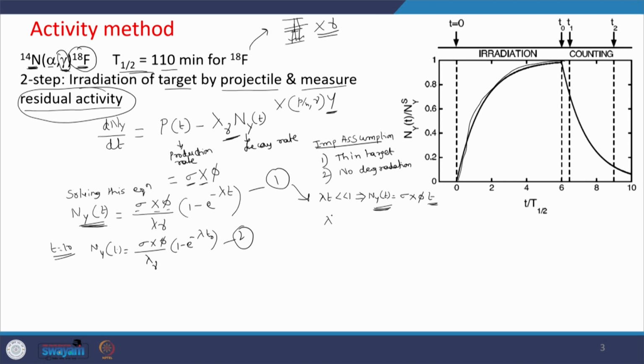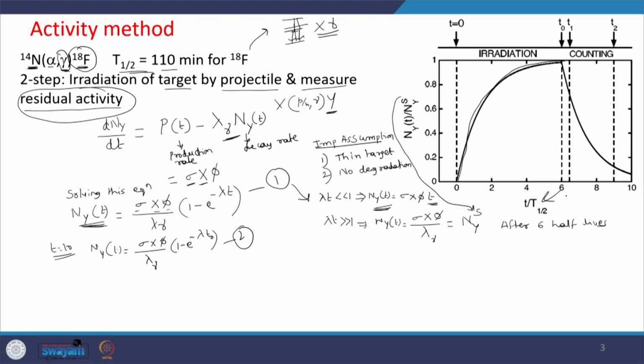Now, if lambda t is much greater than 1, then N_y(t) is given as sigma x phi divided by lambda, and this is also called N_ys, the same N_ys I am using here.